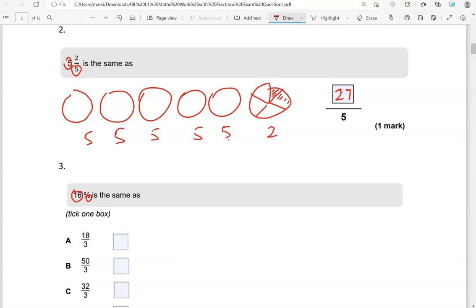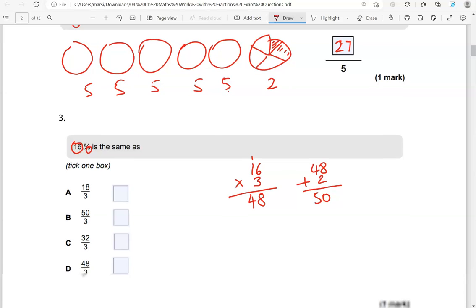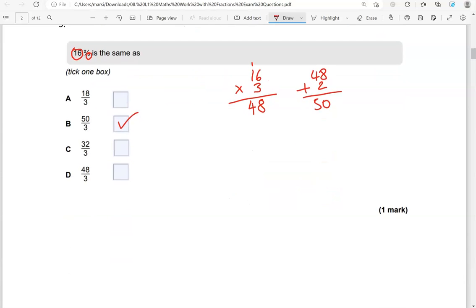So that in this case is 16 times 3. 3 times 6 is 18. 3 times 1 is 3, and the 1, that is 4. So we have 48. Now we need to add the top number of the fraction. That's 2. So 48 add 2, that gives us 50. So 50 thirds. That's option B.